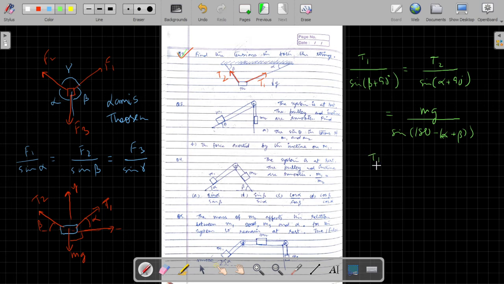So T1 divided by sine of (beta plus 90 degrees), that would be cos beta, as sine is positive in the second quadrant.